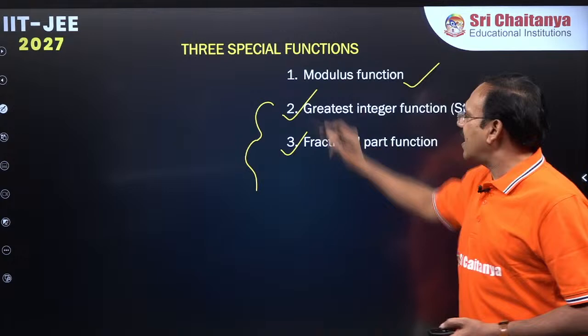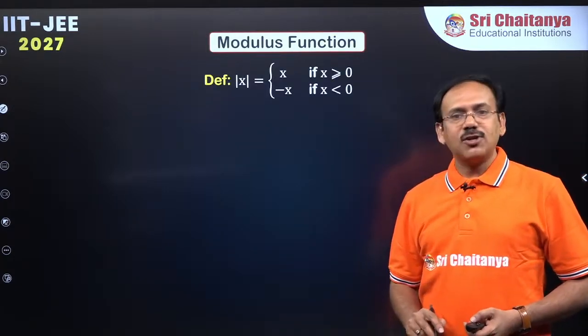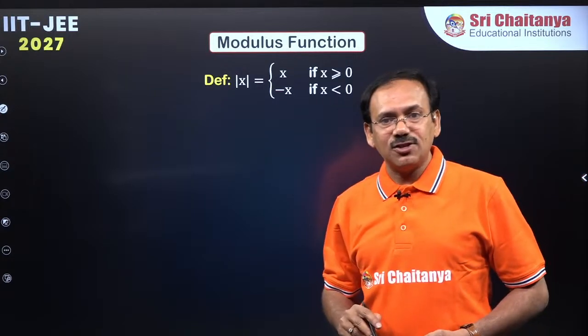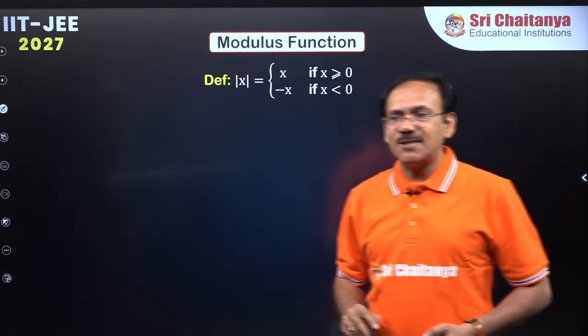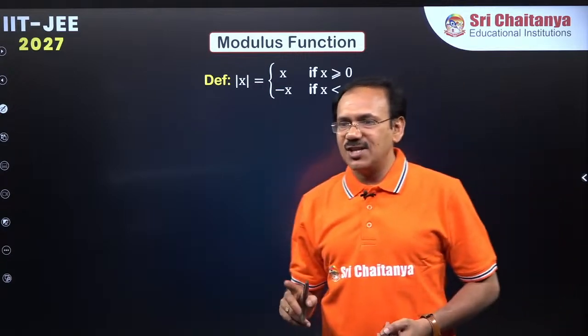So yesterday, let me recall the important point or definition of the modulus function. Modulus function means, immediately you should say, it is always non-negative. All of you text here: non-negative.